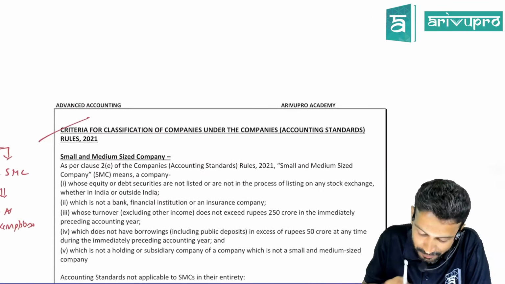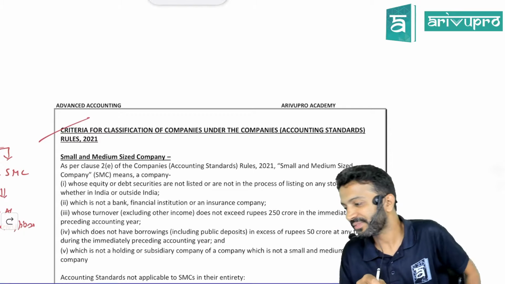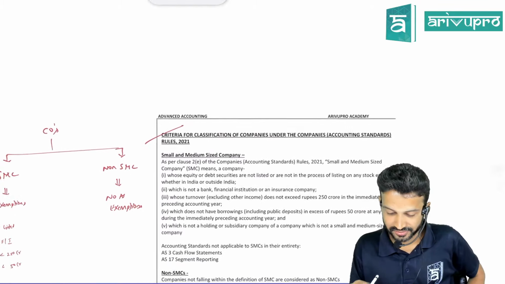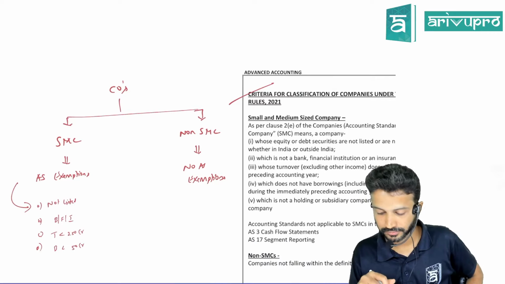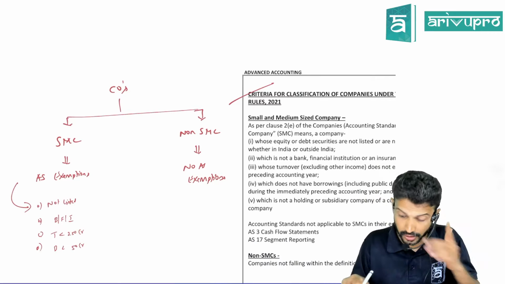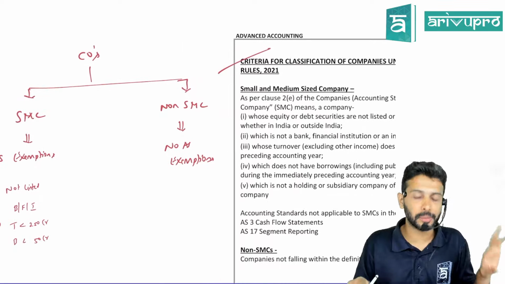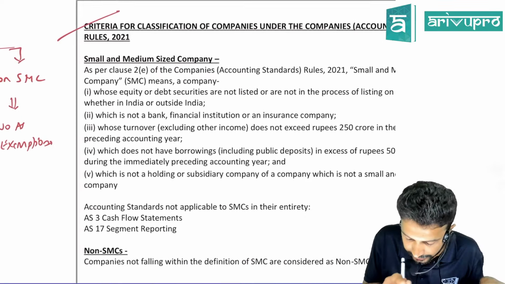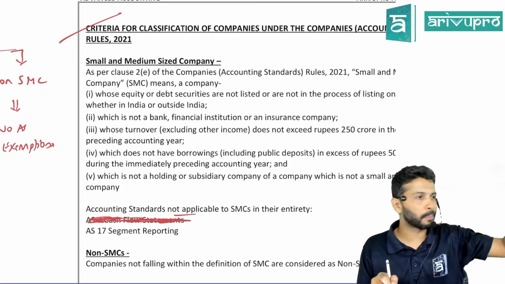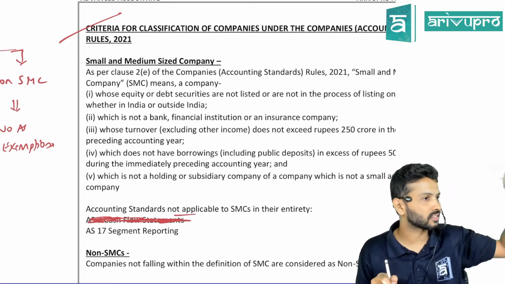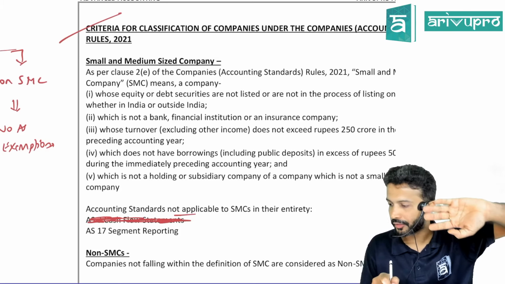SMC is small and medium sized company. Sir, what are the exemptions available here, sir? Take it as AS17. The partial exemptions are available. Leave the partial exemptions, AS15, AS19 and all, you have partial exemptions. Maybe a little difficult to remember.